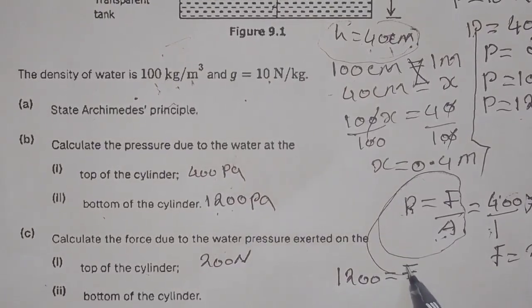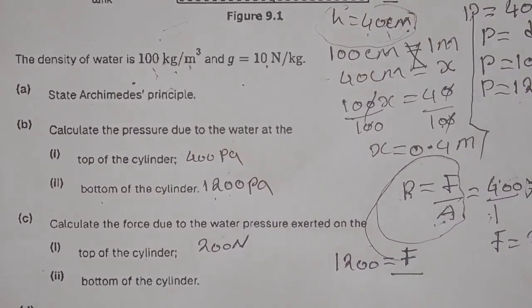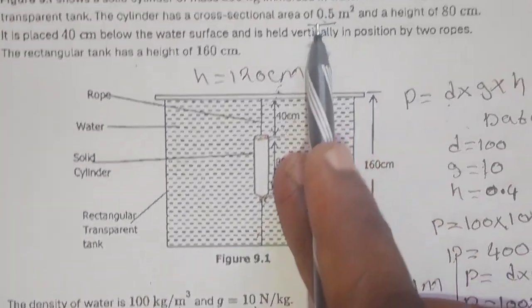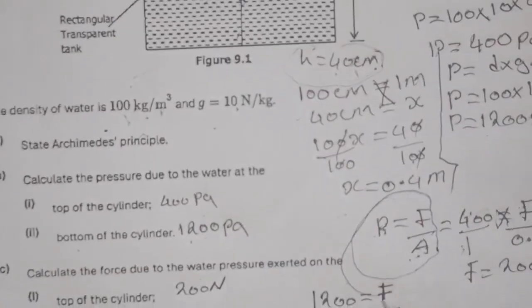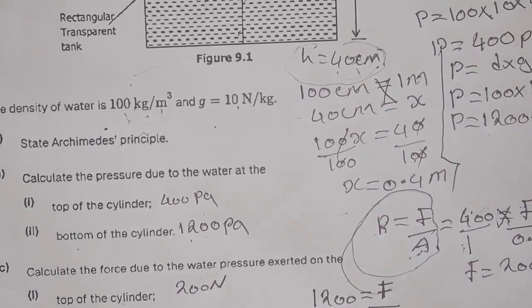We don't know the force, right? Hope this is not disturbing. We were given the area, which is 0.5. The cross-section area is 0.5 meter. So where there is area, we're going to put 0.5.